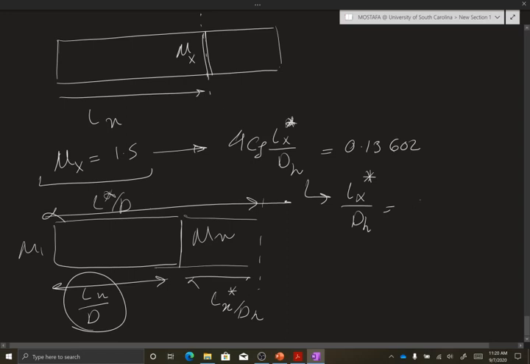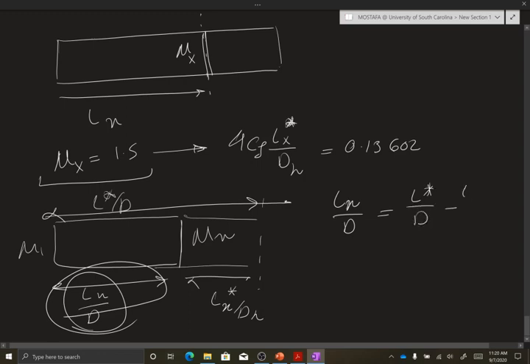I don't have the final calculations for this, but we don't actually need to have the final calculation. The idea is this value: Lx over D is equal to L star over D minus Lx star over D, right?